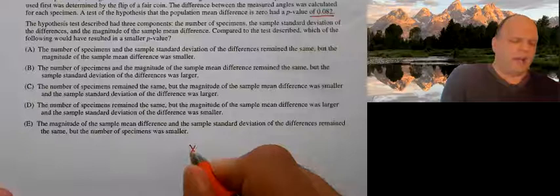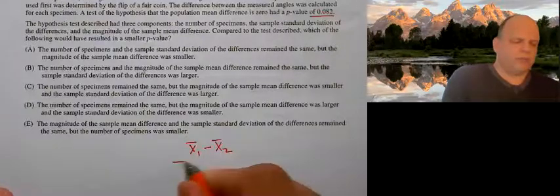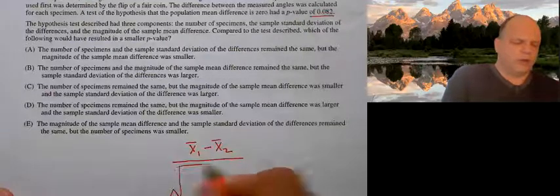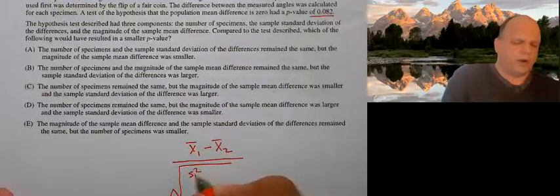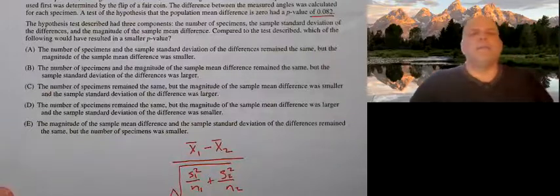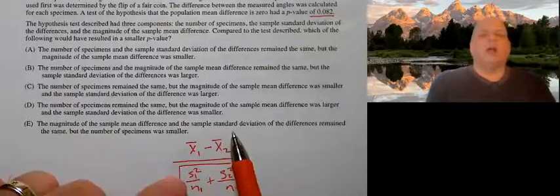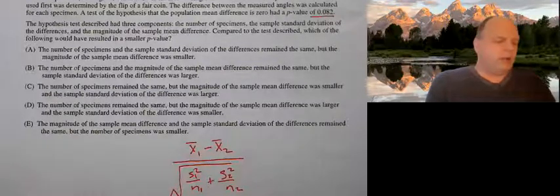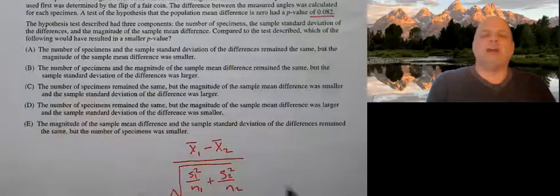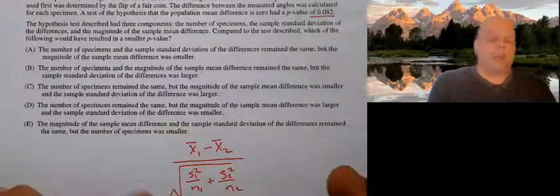So we basically have x bar 1 minus x bar 2 over the square root of S1 squared over N1 plus S2 squared over N2. Now, what things actually change our p-value?